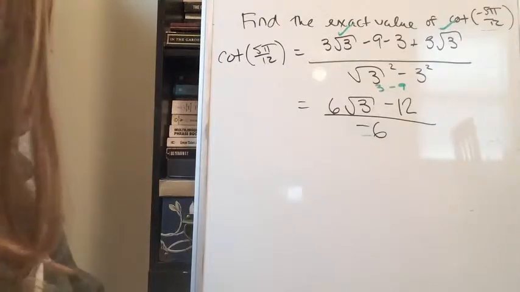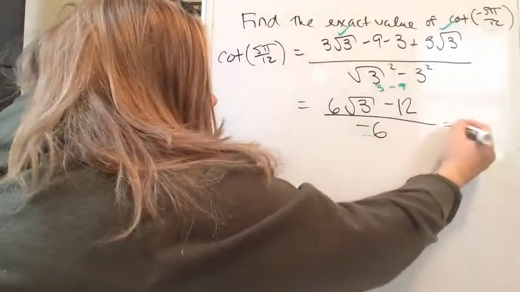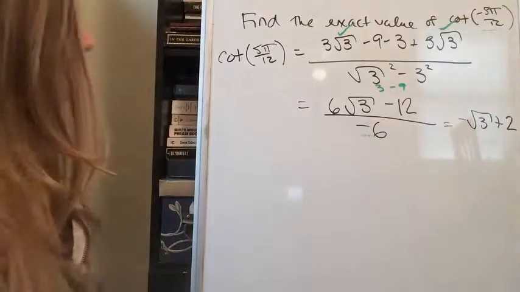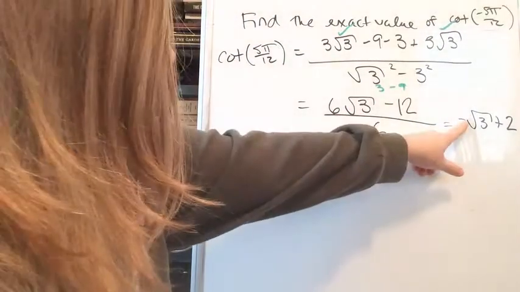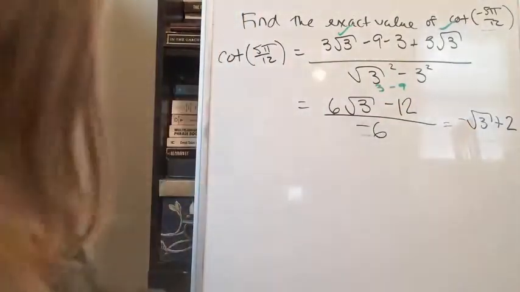Let's divide everything by negative 6. And I have negative square root of 3 plus 2. Okay, right? 6 radical 3 divided by negative 6 is negative radical 3. Negative 12 divided by negative 6 is a positive 2.